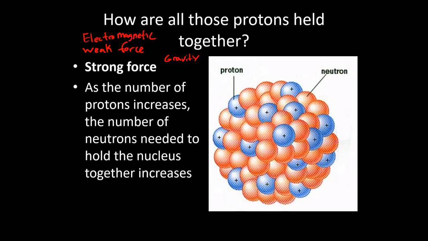If you get anything bigger than bismuth, as we'll see later on, there is too much electrostatic force trying to push those protons apart, and no number of neutrons will make it stable. So eventually the strong force is overwhelmed, but per particle, it is stronger than the electromagnetic force.